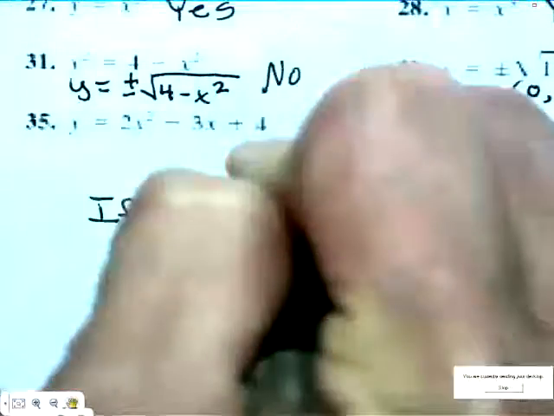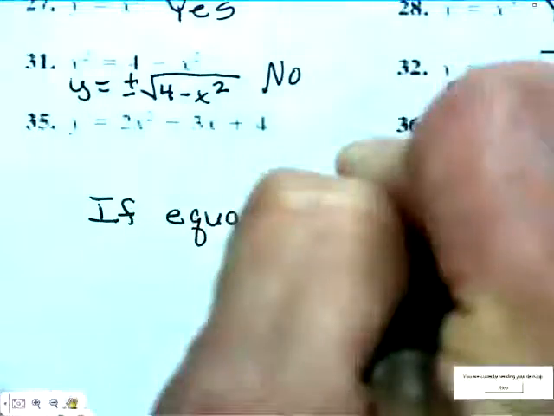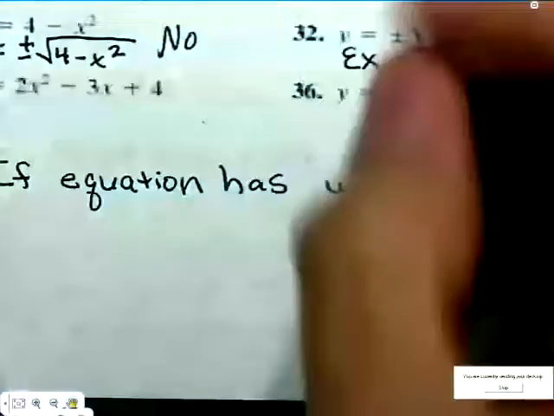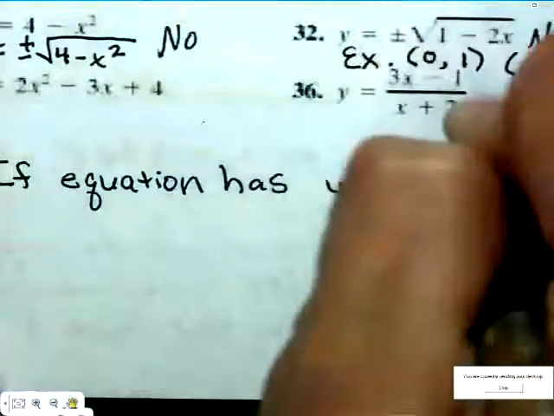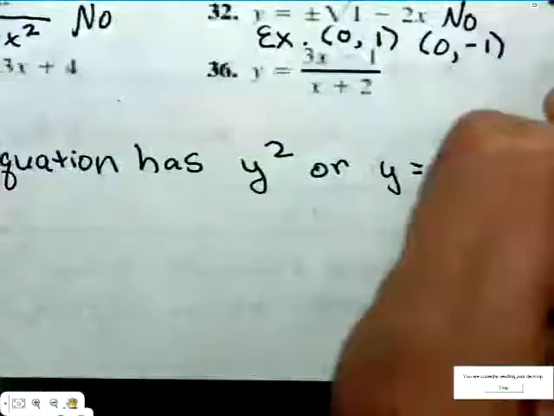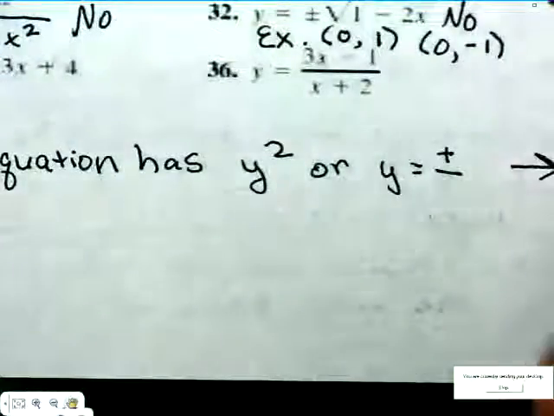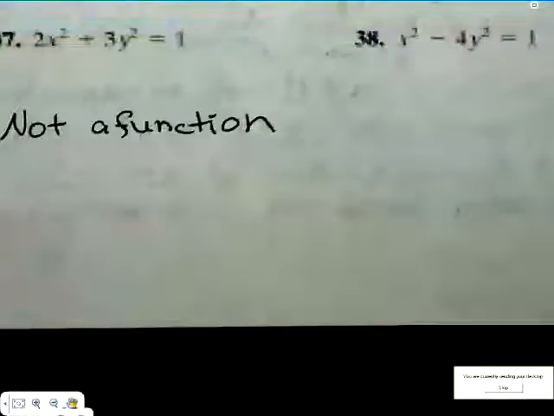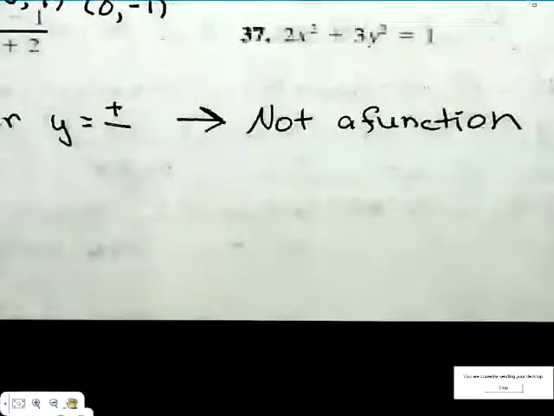So if the equation has a y squared, or y equals plus or minus, then it's not a function. And despite what it looks like, a function is 2 words. Not a function.